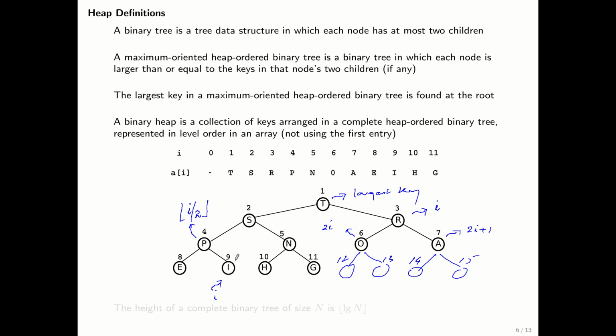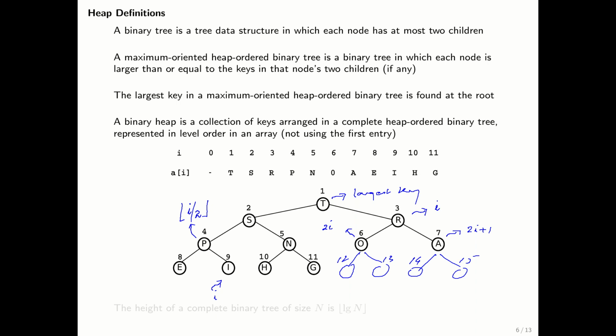What is 9 divided by 2? Integer division. Well, it's 4. Okay, the index of this fellow here is 11. What is 11 integer division 2? It's 5, and that's the index of its parent. Okay, so that's how you go from the index of a node to the indices of its children, and from the index of a node to the index of its parent.